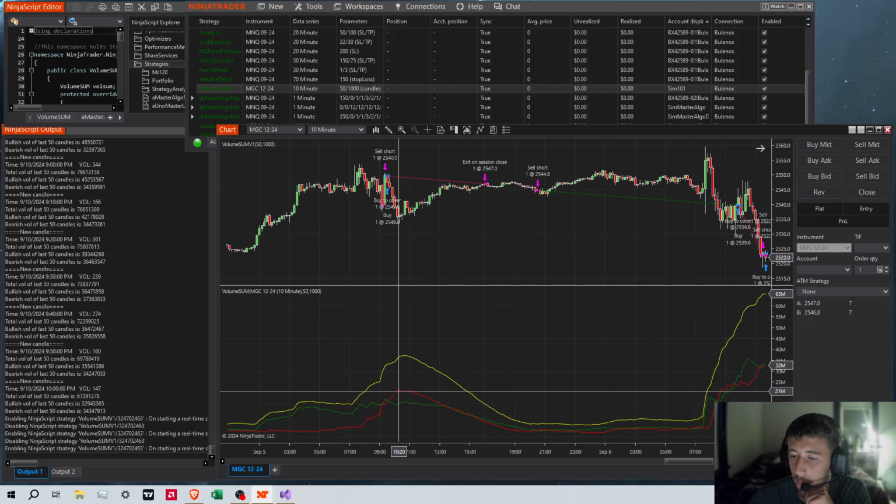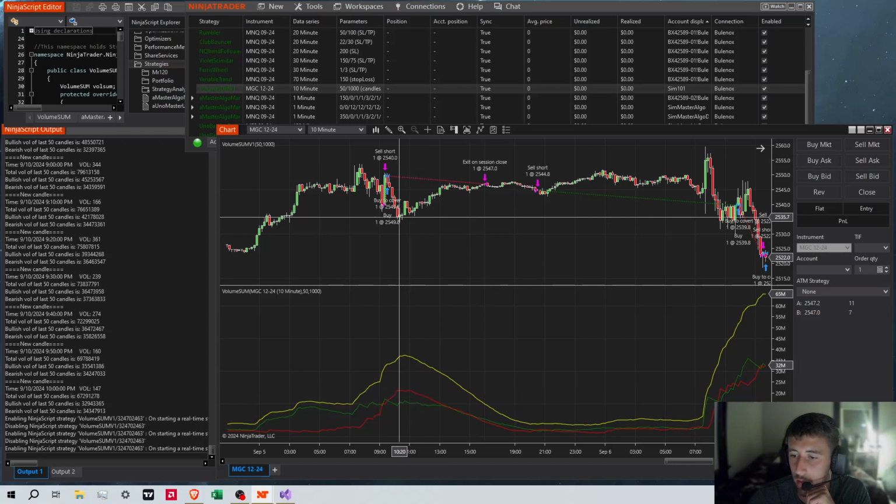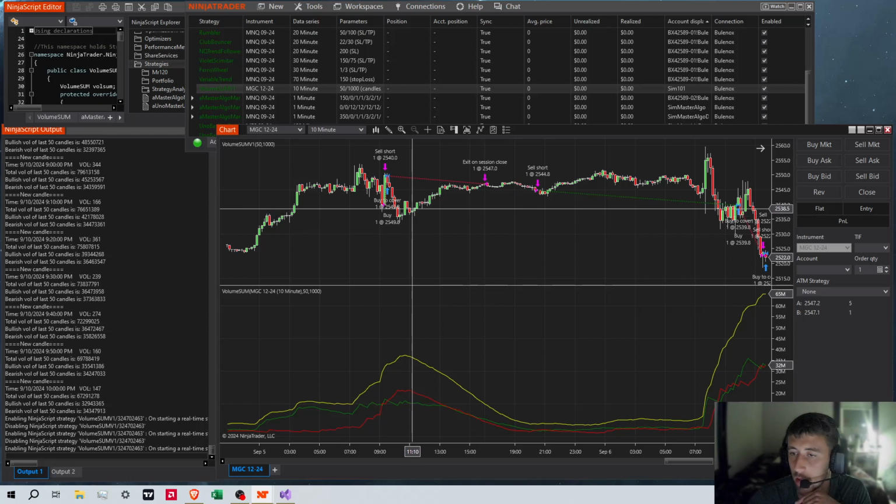Like if no new peak is made after whatever 5 candles, we exit. So in this case, maybe the peak was there, 1, 2, 3, 4, 5. The peak value or the bearish volume is coming down. Now we exit here.